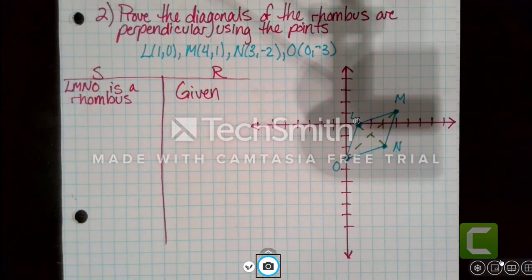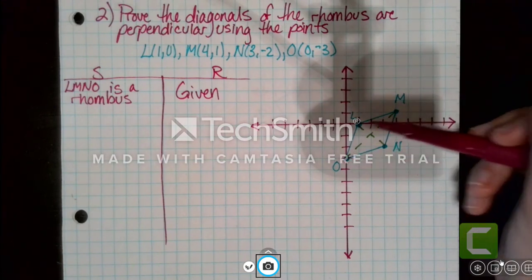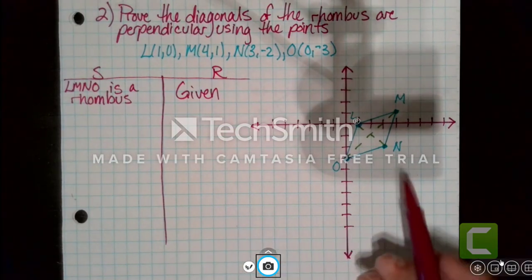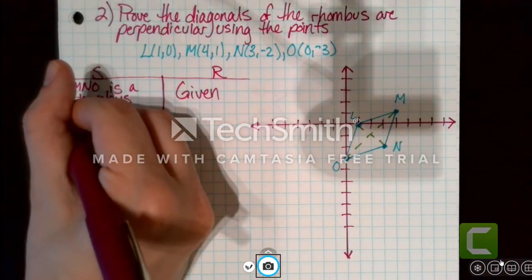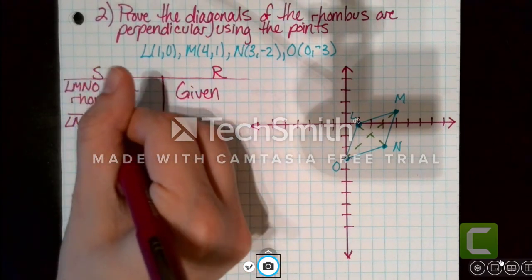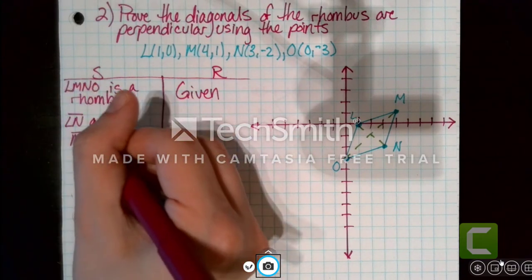Next, we have to claim our diagonals. And again, as we discussed, the definition of diagonals means that the opposite vertexes are connected by a segment. So for your second statement, write down that segment LN and segment MO are diagonals.